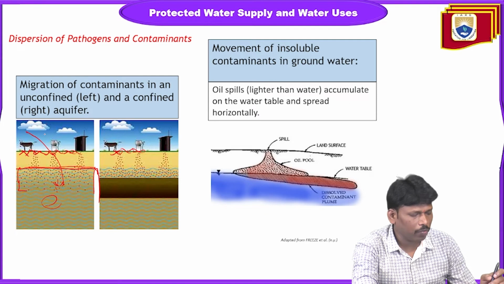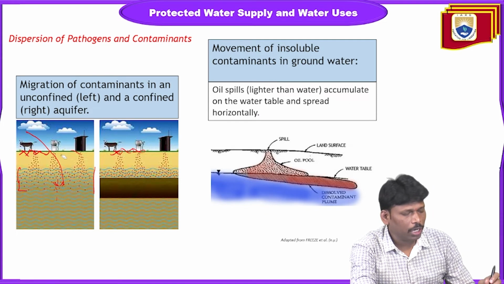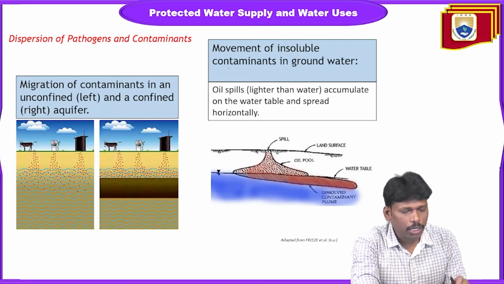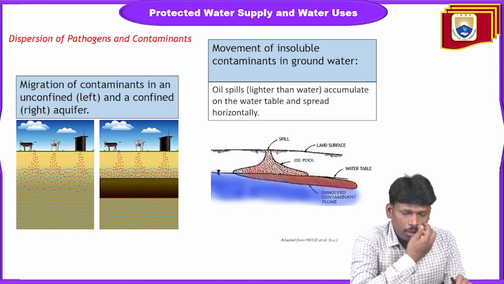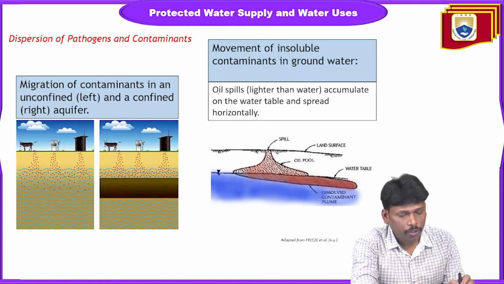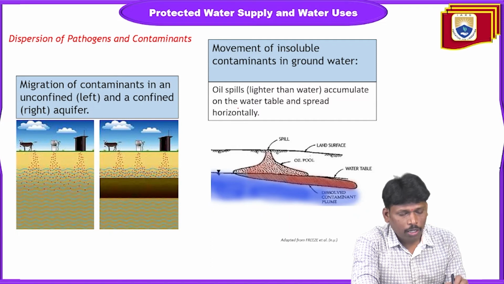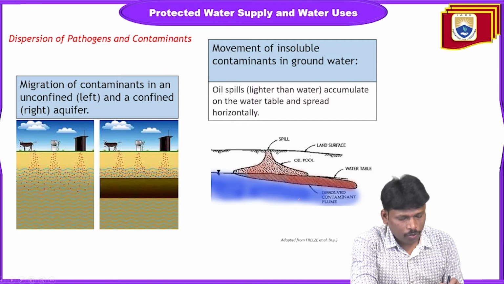People use the same water for drinking purposes, and it leads to a lot of problems; health issues will come. Then there is the movement of insoluble contaminants in groundwater. Oil spills accumulate on the water table and spread horizontally. You can see the soils and land.